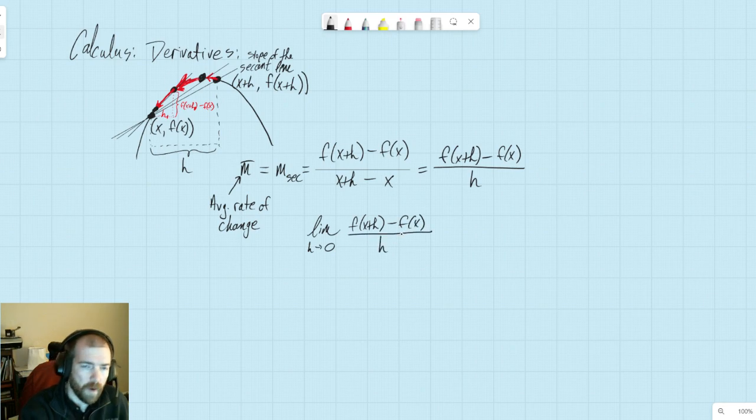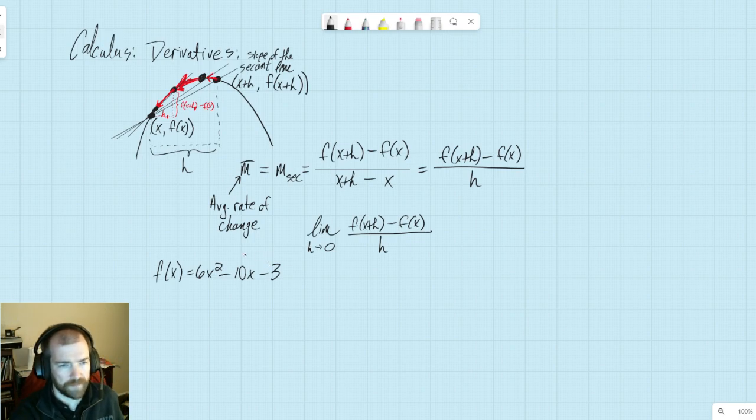all over h. Now the way we do this in class, oftentimes we'll take a particular function and say, alright, f of x is equal to 6x squared minus 10x minus 3.